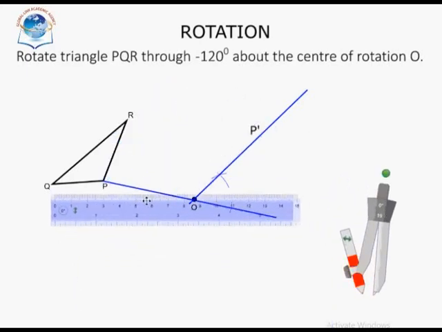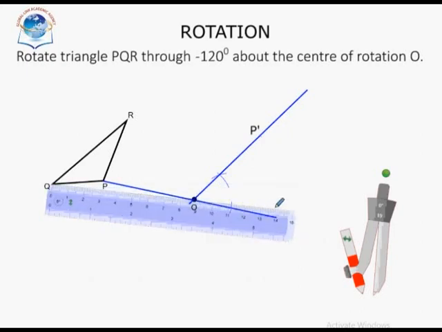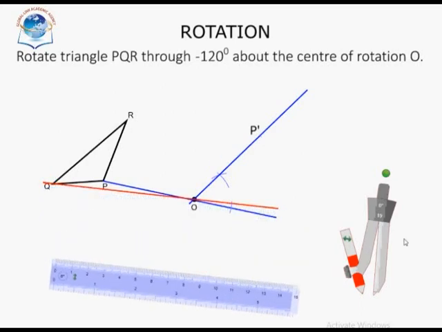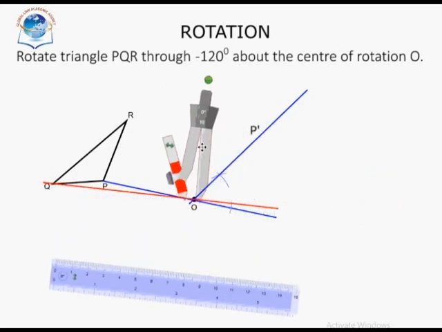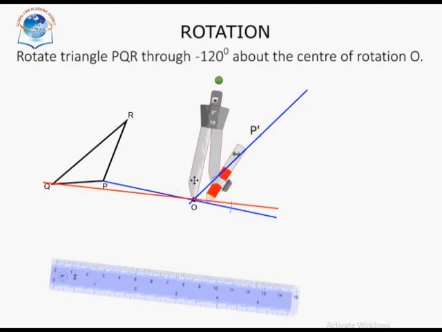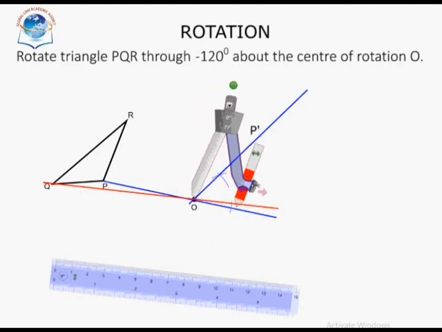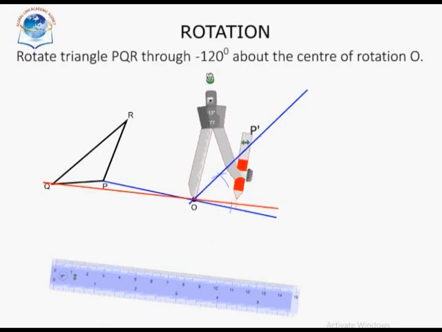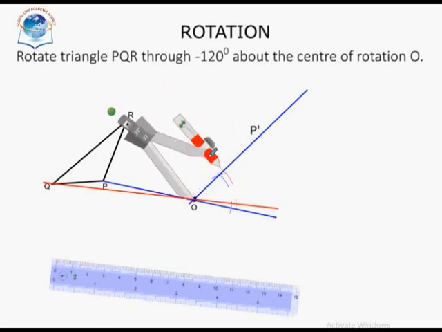Next is point Q. So join Q to the center of rotation O. At this point O, we construct 60 degrees. So place the compass here, mark an arc to cut the line, and again above it.